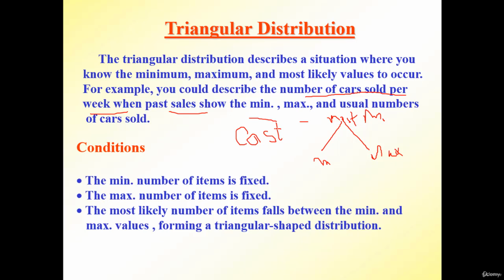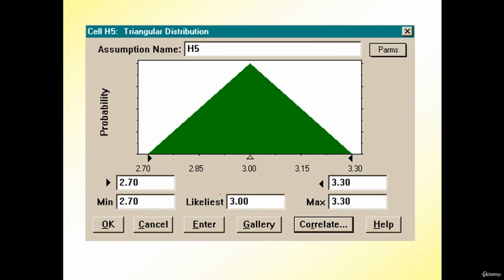Here it is mentioned in some textbooks for cars sold, how many cars sold per week, which also has three parameters: minimum number, maximum, and most likely. Here we mention the most likely, the maximum, and the minimum. This data should be defined in the triangular distribution.